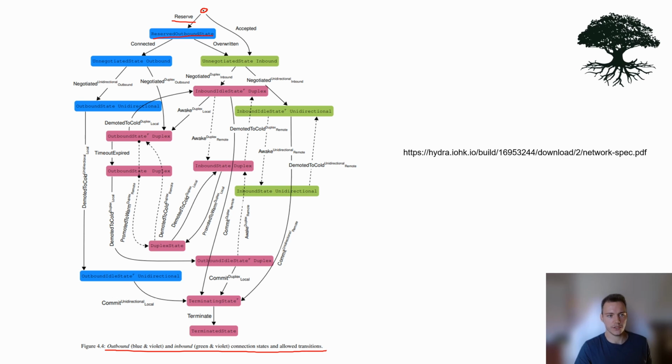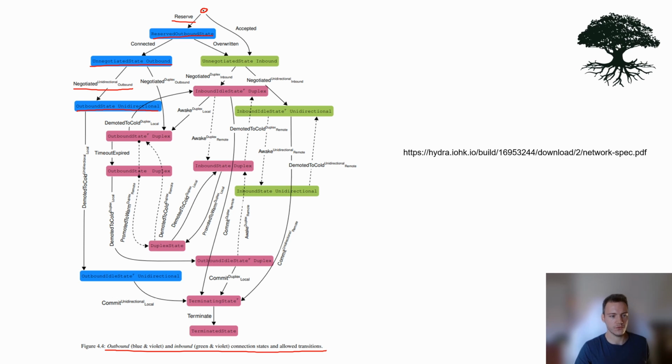Once the connection is done, we are in an unnegotiated state outbound, which means negotiation is currently taking place. The result of that negotiation can be either a unidirectional connection, in which case we go down to this blue box and we are in outbound state unidirectional. We are using the mini protocols in one direction from our node to the other node, and this is the active connection.